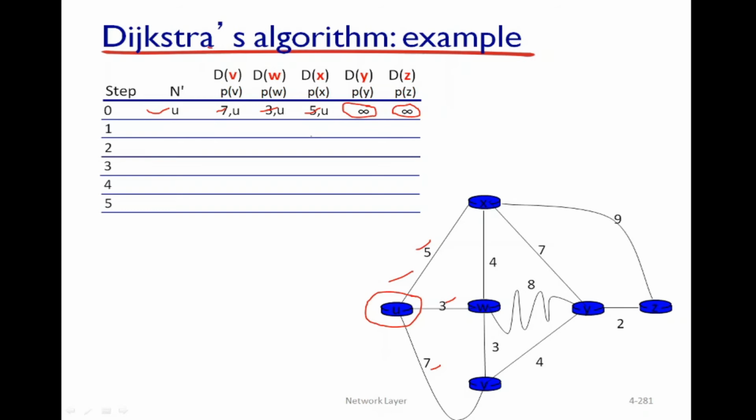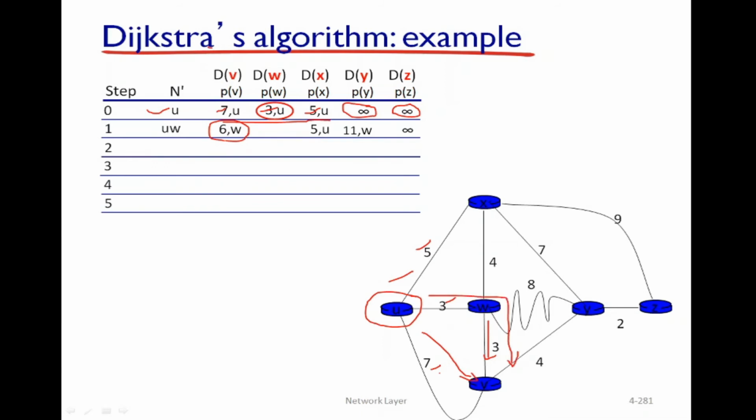Now in the second iteration, we consider the minimum cost among the neighboring nodes. The minimum cost is w. So in the next iteration we take uw, and then we get the cost for the remaining nodes. Here the cost is updated, because when I add w, this link is updated. From u to v we have the direct link with cost 7, which is more compared with the path u, w, v, which has cost 6.